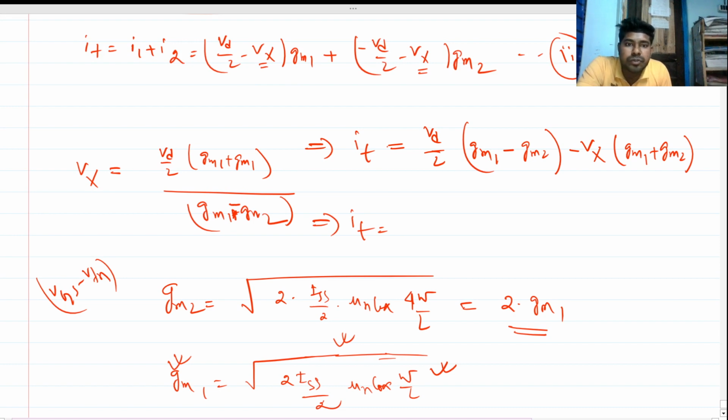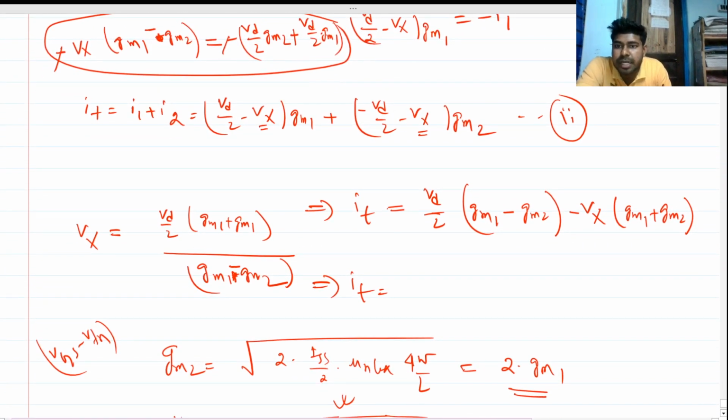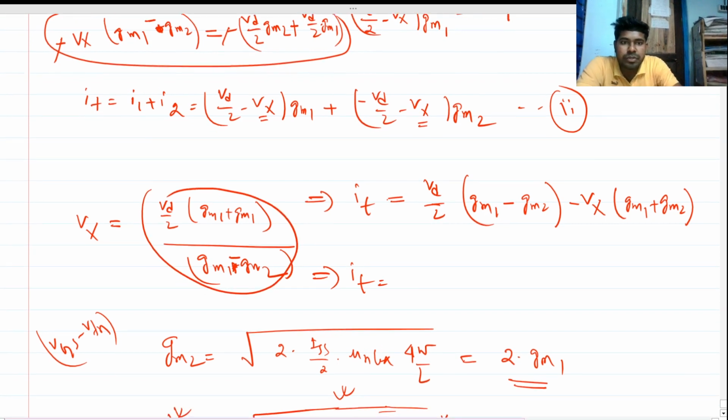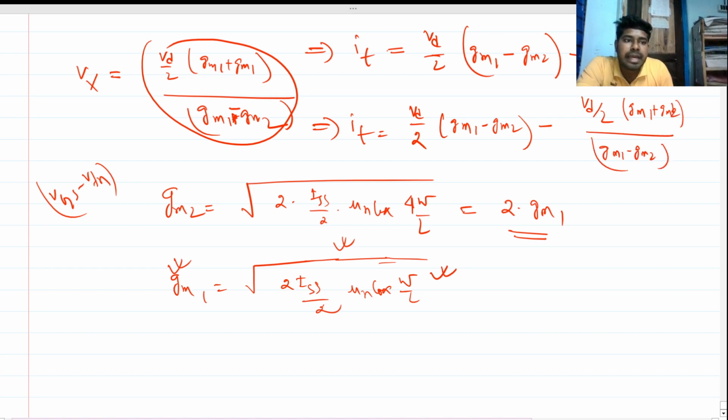okay, so now if we put what is our Vx value, let me check. So this is our Vx value, right? And we have to put it here. So now IT will be nothing but Vd by 2 times Gm1 minus Gm2, minus Vd by 2 times Gm1 plus Gm2 divided by Gm1 minus Gm2, and here Gm1 is also present, so this will be squared, right?